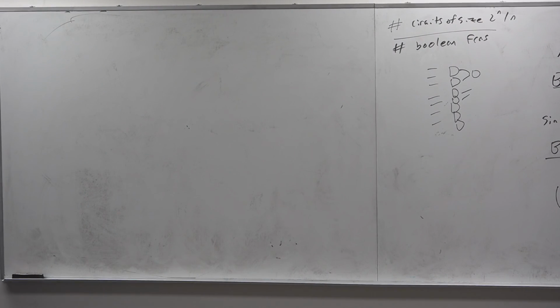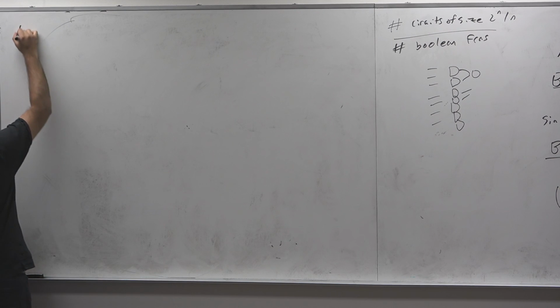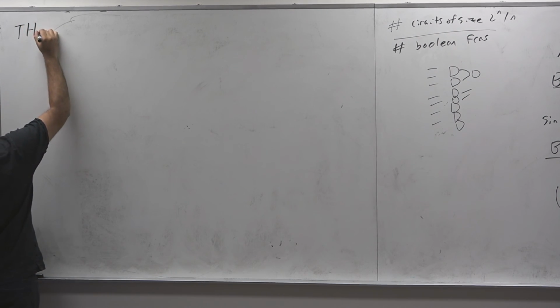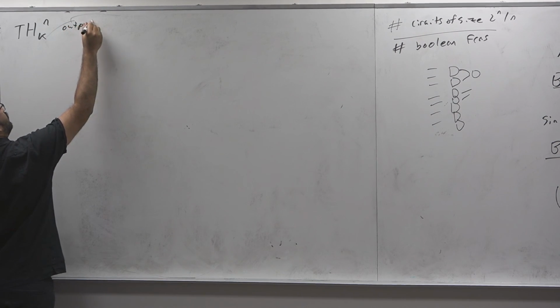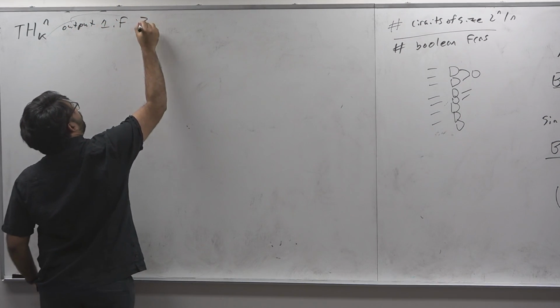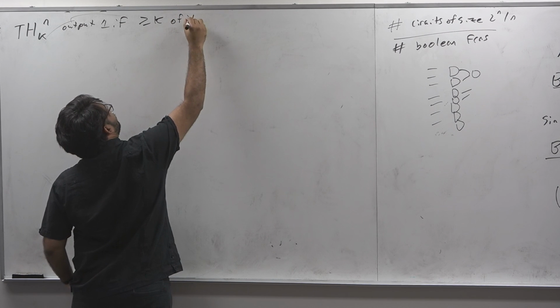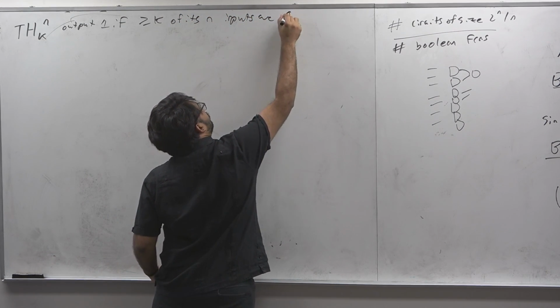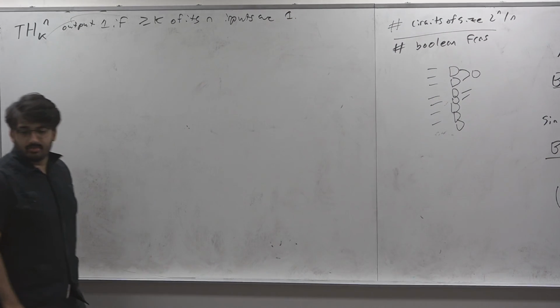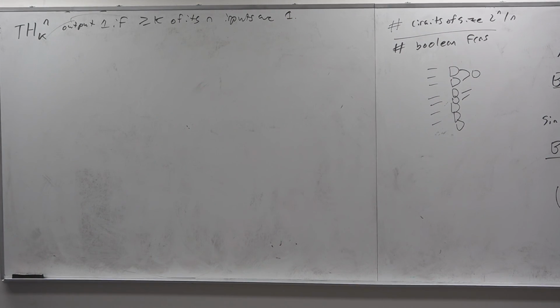One such problem we'll just do as a warm-up is the threshold function. Threshold of k and n outputs 1 if greater than or equal to k of its n inputs are 1. So threshold is, in some sense, one of these simple functions, okay?